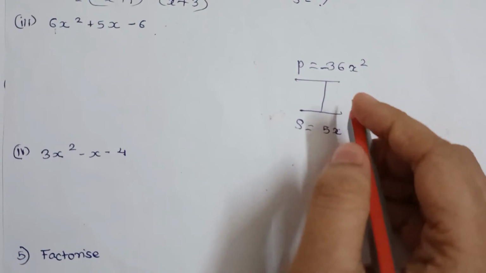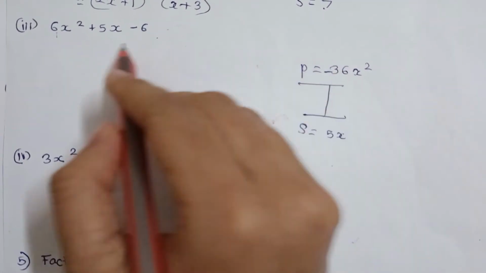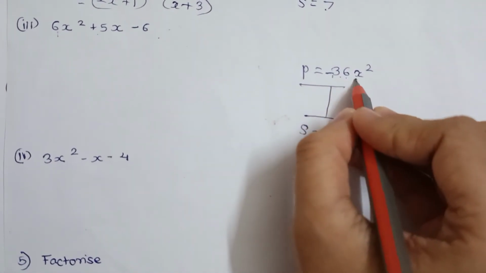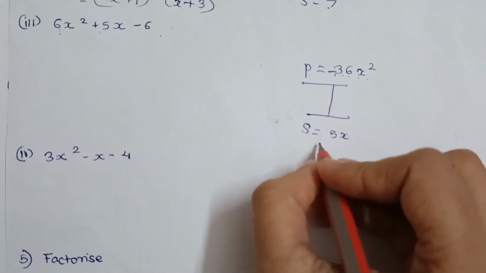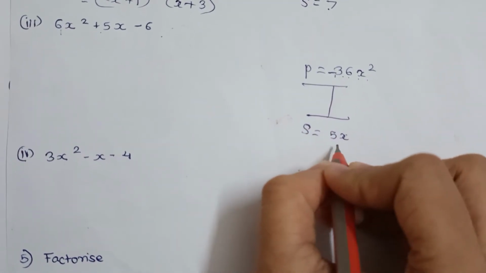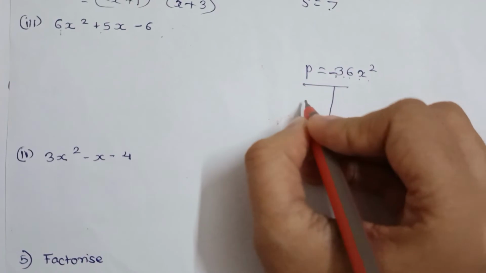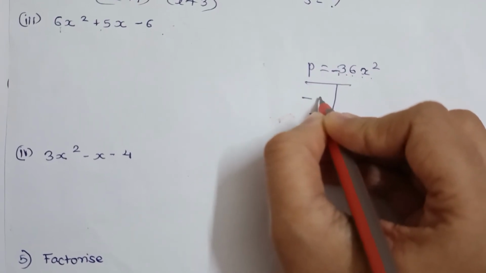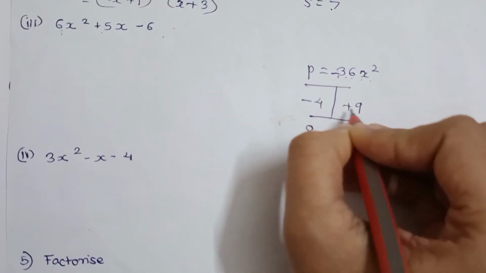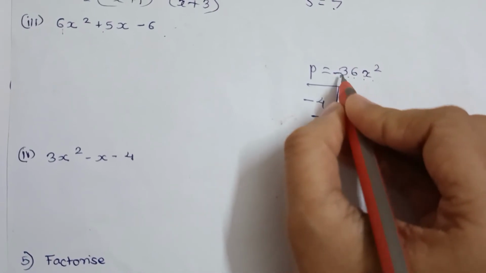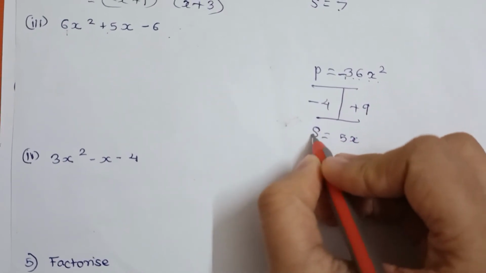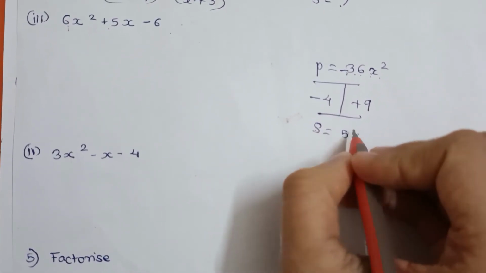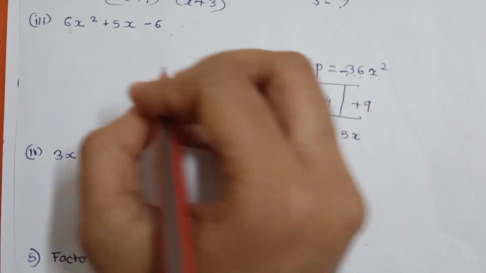We take the middle term such that if we multiply we get minus 36x square, and the summation we get 5x. So minus 4 and plus 9: 4 9s are 36, minus 36x square, and the summation is 5x, that is 9 minus 4 is 5.